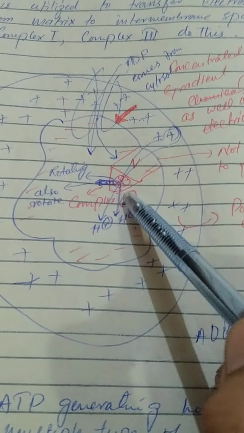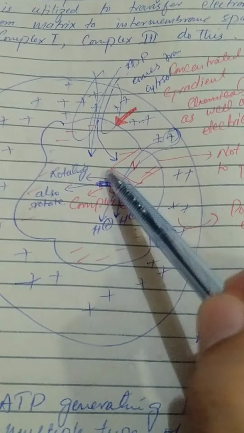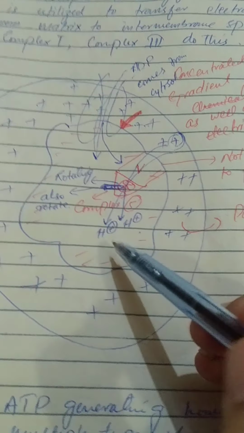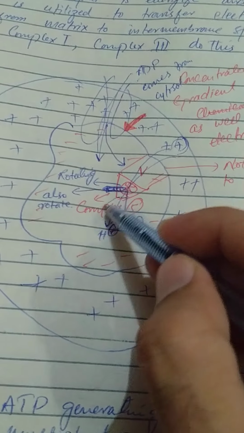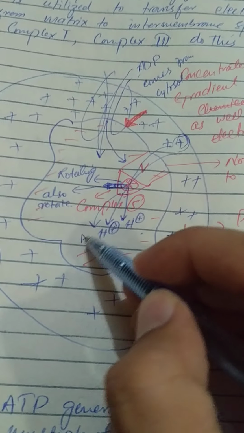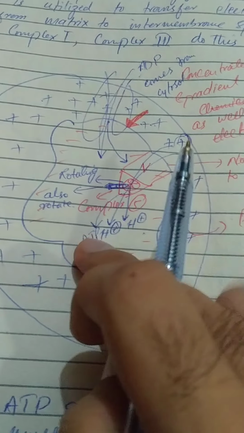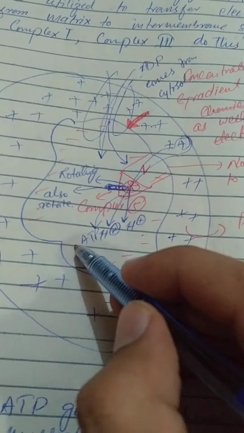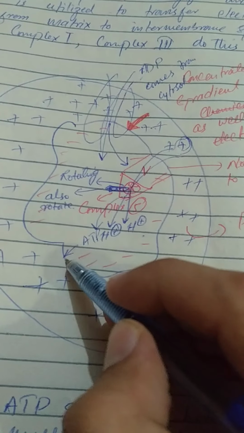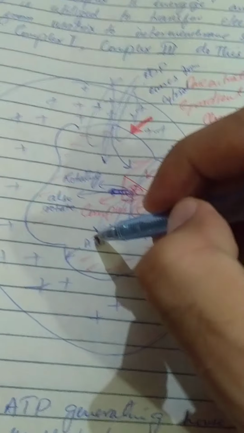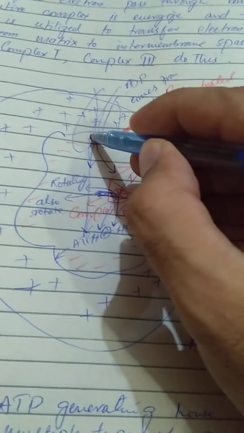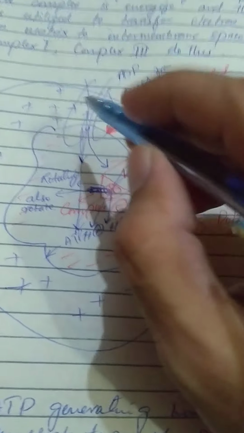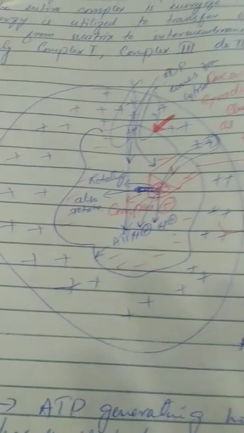So when ADP and phosphate combine together, they form ATP, and ATP falls down inside the matrix. And this ATP cannot come out through this membrane because it is not permeable. This ATP again goes through that channel, the channel through which the ADP comes from the cytosol.